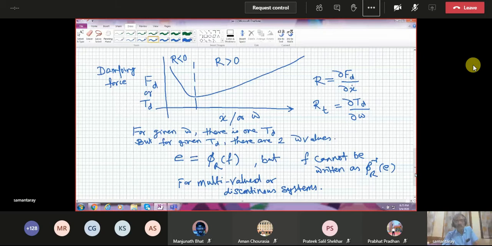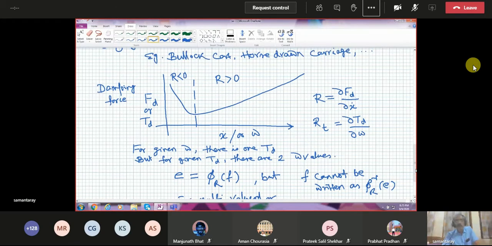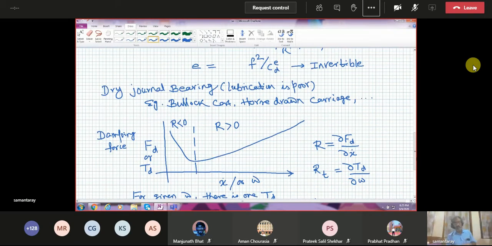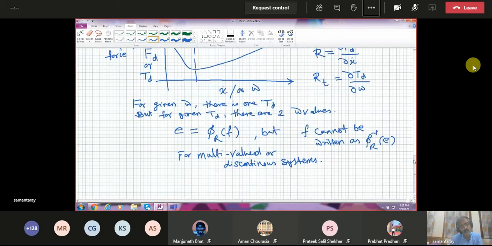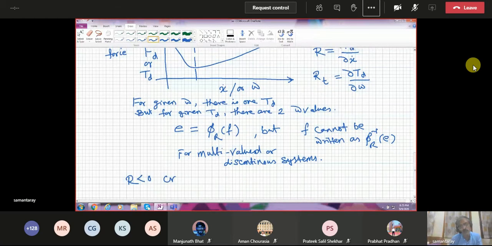What does this negative damping do? It creates chatter. So R less than 0, chatter and noise at low speed.